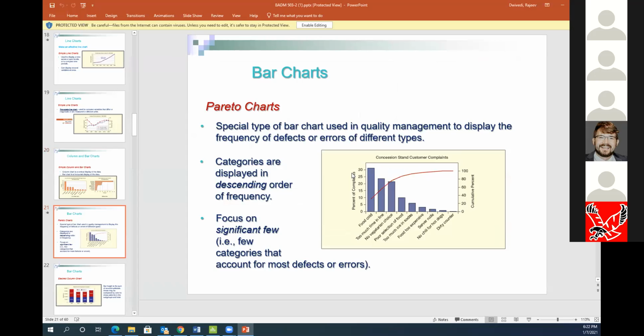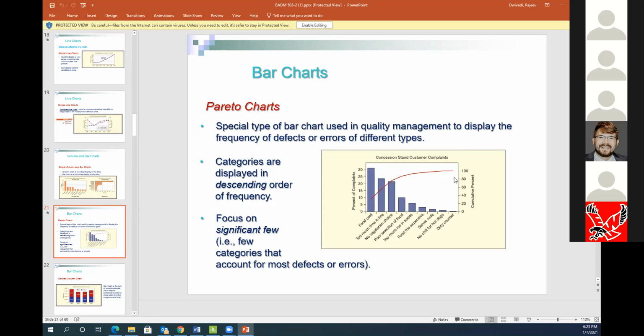Now there's another thing which is very important in operations management or quality control, which is called Pareto chart, or however you pronounce it. It has two things together. One, you can see bar chart, and second is Ogive. And when you study that, there are a few reasons. It is also called the 80-20 rule.